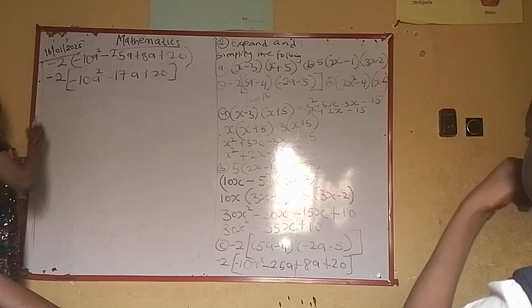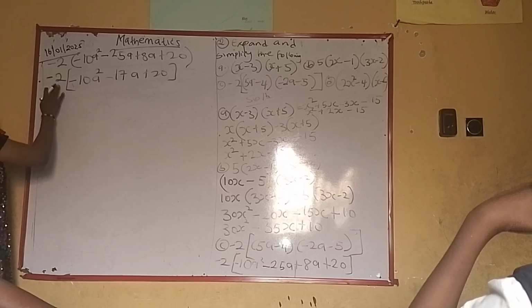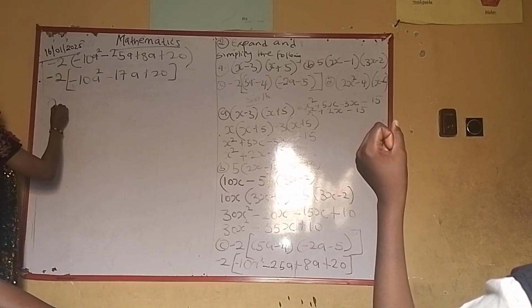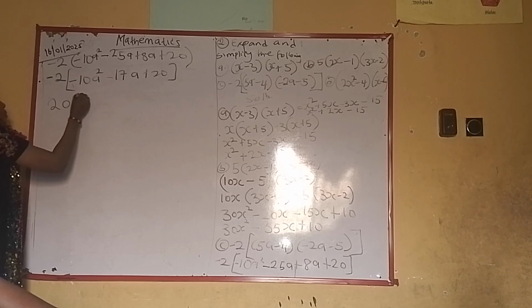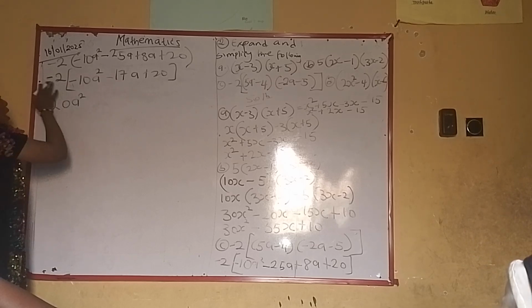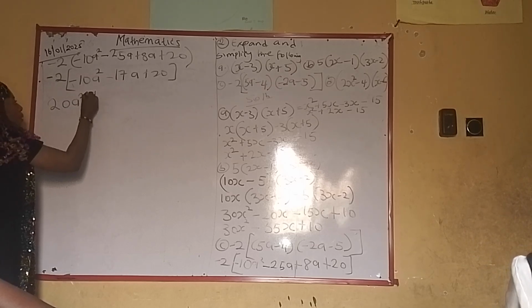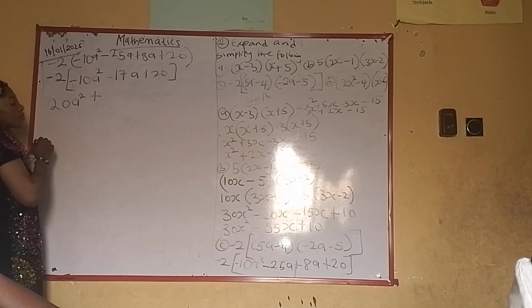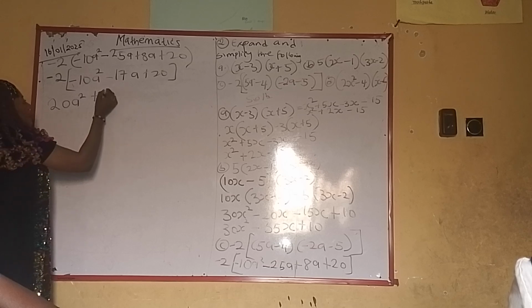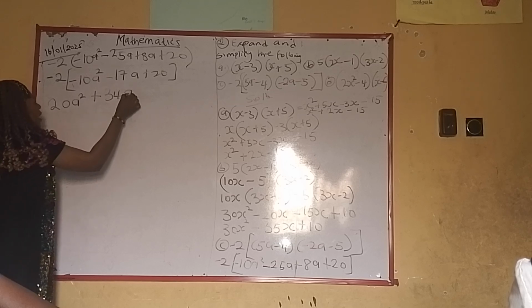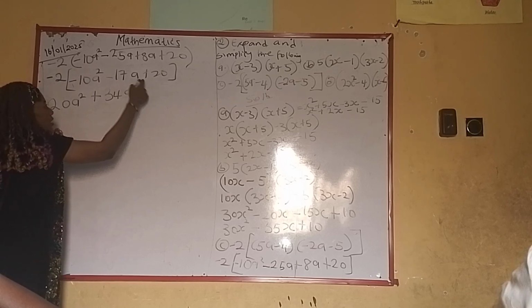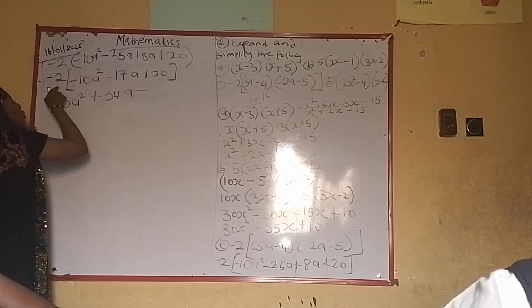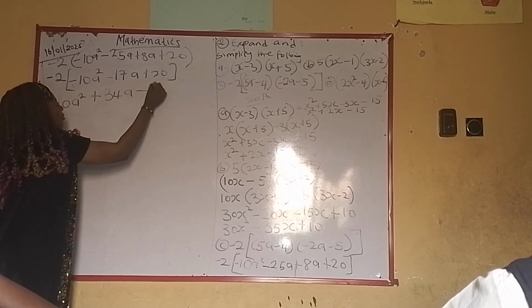So now you can move. Minus times minus is what? Plus. 2 times 10, 20a squared, because it's everything that is carried. Minus times minus plus. 2 times 17, 34a. Minus times plus is minus. 2 times 20, 40.